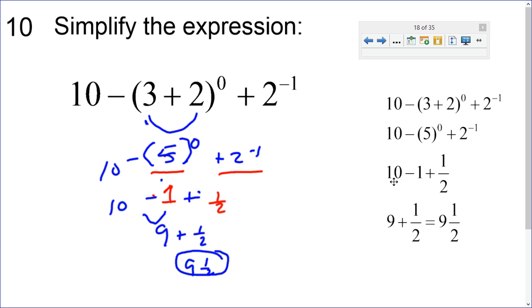And now we have 10 minus 1 plus a half. So 10 minus 1, working from left to right, is 9 plus 1 half. 9 plus a half is 9 and a half. So that was a very good question.